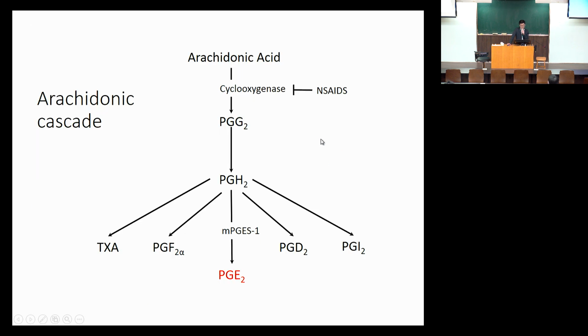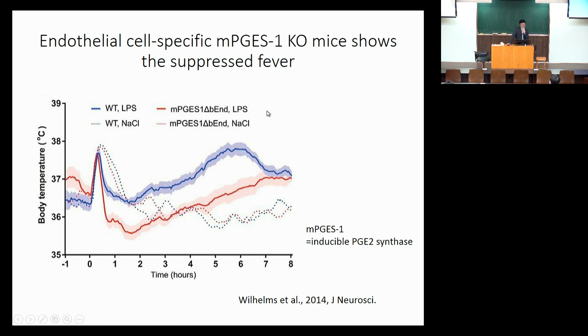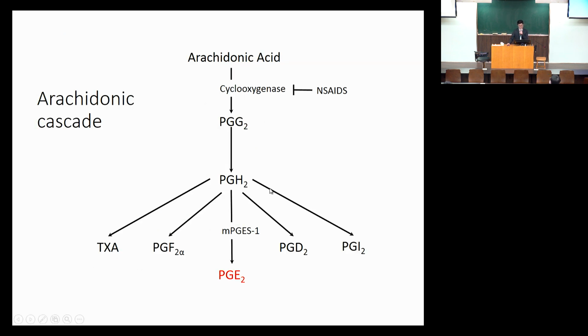So I checked these mice. These mice are endothelial cell-specific MPGS1 knockout mice. MPGS1 is the synthesizing enzyme of PGE2.